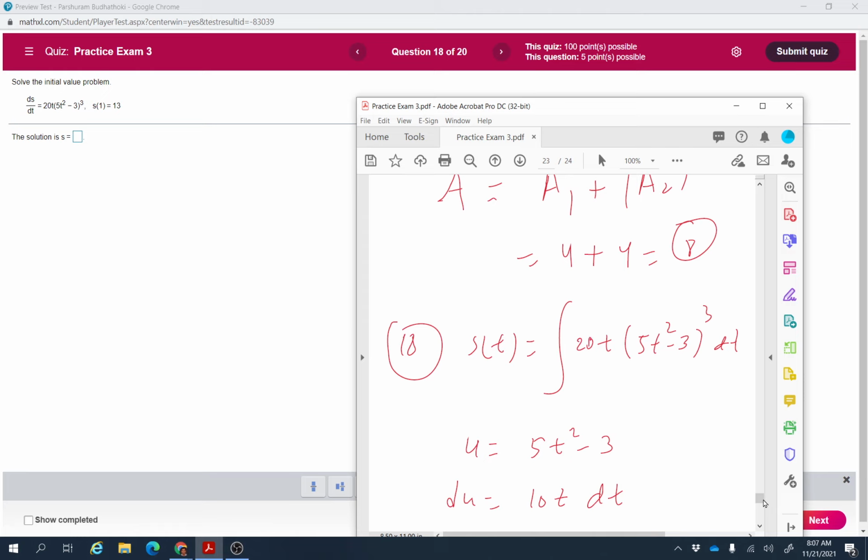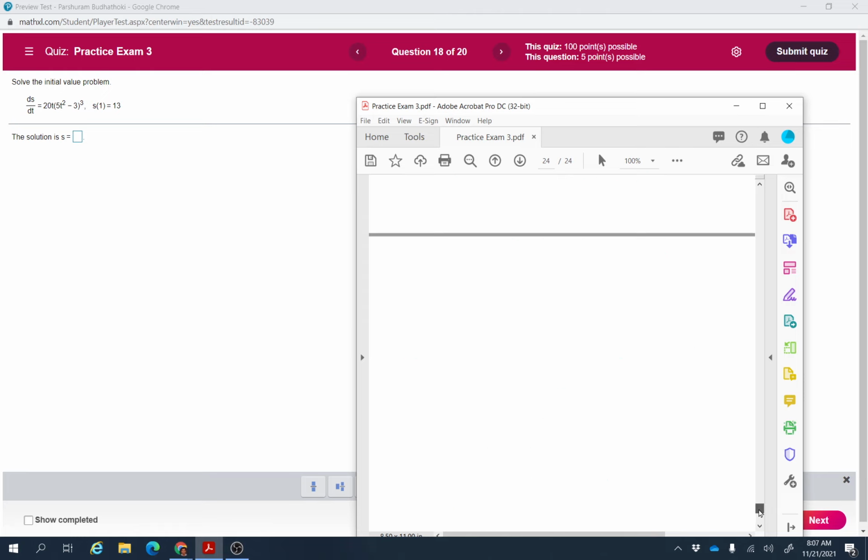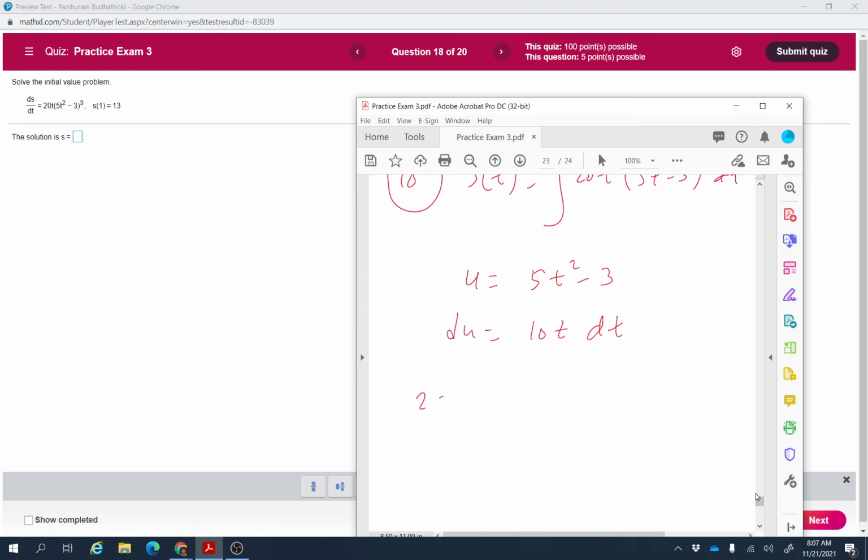But here you have 20, so just multiply both sides by 2. So 2 du equals 20t dt. Now in this s of t you can replace 20t dt by 2 du, and 5t squared minus 3 by u, so it becomes u cubed du.